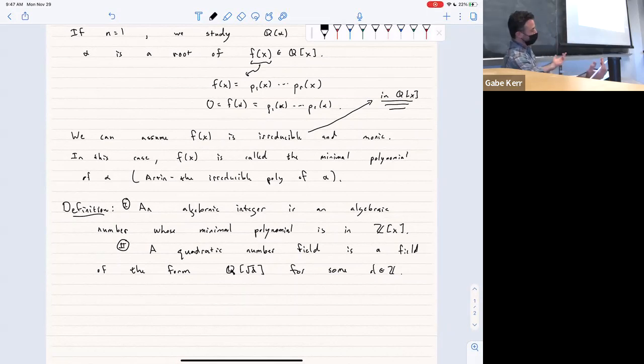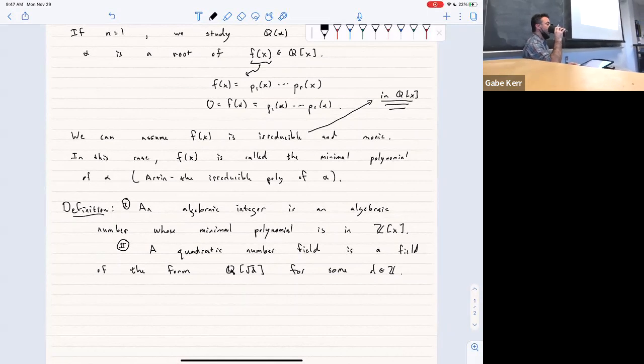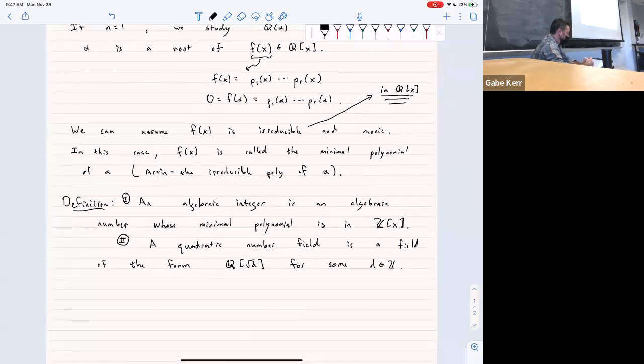I mean, if d is a square, it's just Q. Okay. So the first task is to take a quadratic number field and find its algebraic integers.